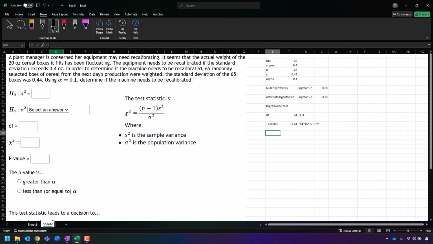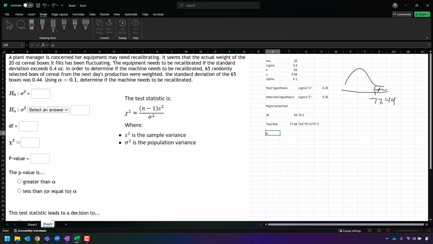so we're going to draw a little picture here for our p-value. This is a right-tailed test, and we have a test statistic of 77 point something. So way over here is our 77.44, and we're looking for the area to the right, because it's a right-tailed test.